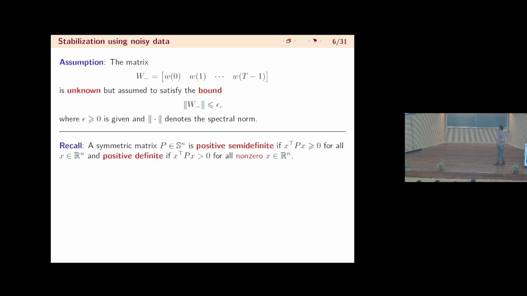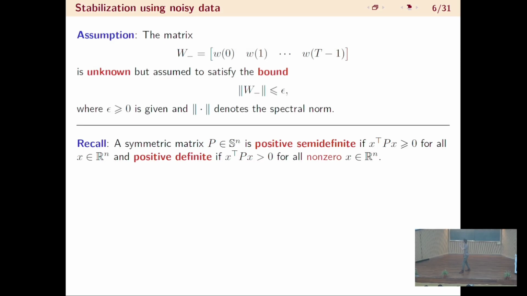Okay, I will use positive definite and positive semi-definite matrices a lot throughout the presentation. That's why I quickly want to recap the definitions here. I don't want to insult your intelligence, but I want to make everything self-contained. A symmetric matrix P is called positive semi-definite if x transpose Px is greater or equal to 0 for all vectors x in R^n.